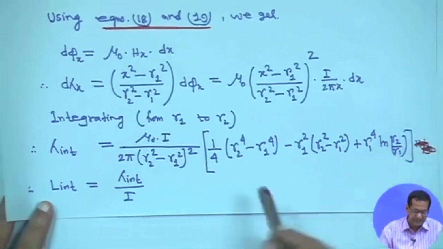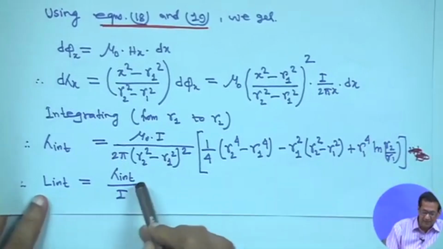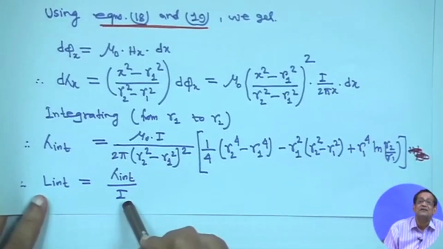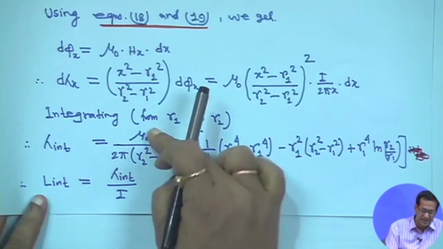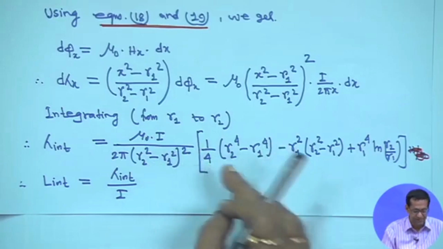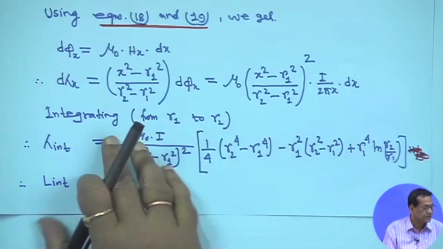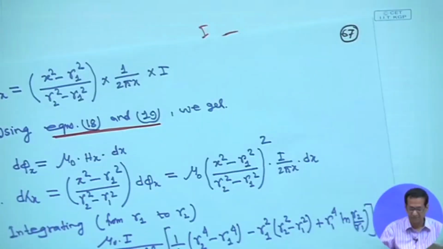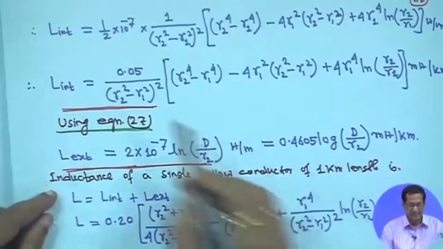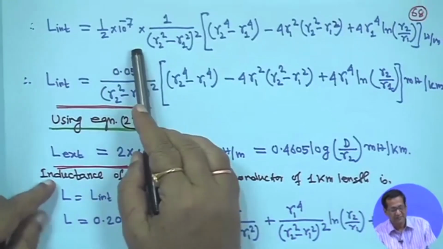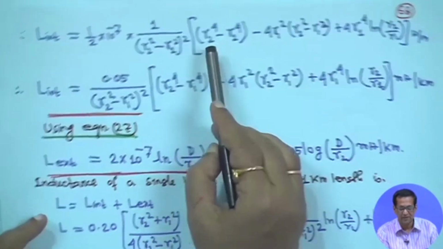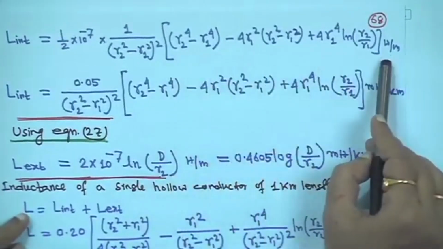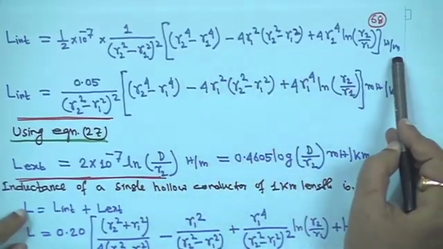So, in this case L internal is equal to lambda internal upon I, so divided by I. So, this I should not be there. This is the expression of L internal. Upon some simplification, the expression will be something like this: L internal is half into 10 to the power minus 7 into 1 upon (r2 square minus r1 square) whole square, and bracket all these terms, Henry per meter.